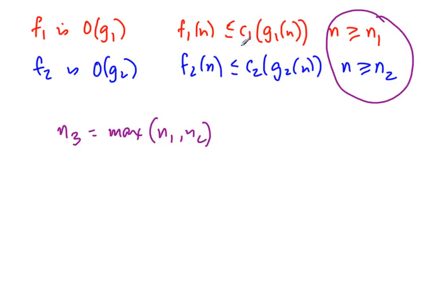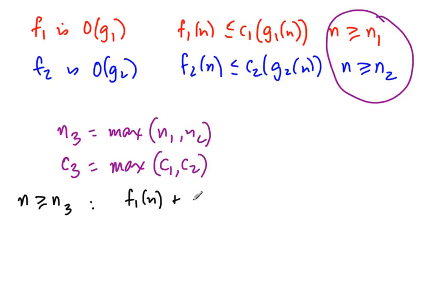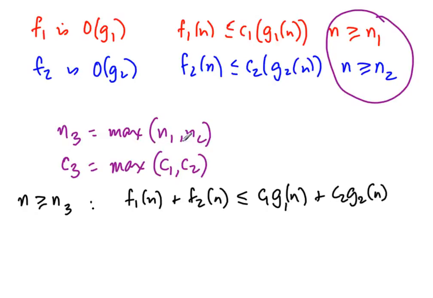Okay, and we will now also choose, likewise, c3 to be the maximum of the two constants. So we'll say c3 is max of c1 and c2. Right? So now if I look at, for instance, n which is bigger than or equal to n3, then I know that f1(n) plus f2(n) is less than or equal to c1 times g1 of n plus c2 times g2 of n, because both these inequalities hold beyond n3.